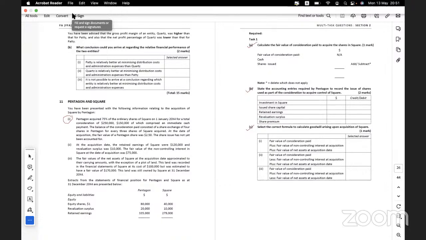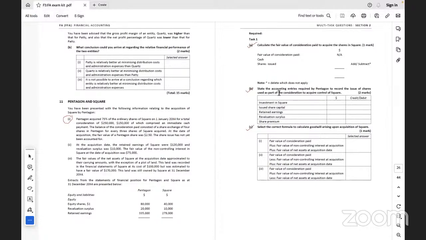Okay, right. Let us then discuss the answer. First thing you should do is this. They are telling us Pentagon acquired 75% of the shares for a total of 250.